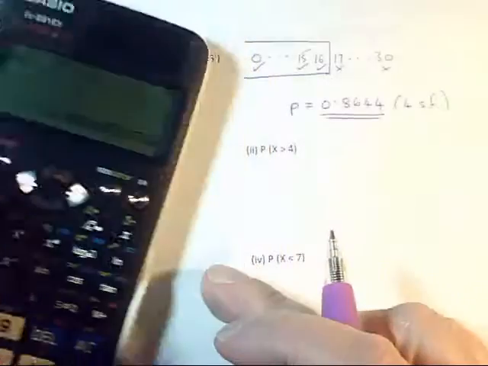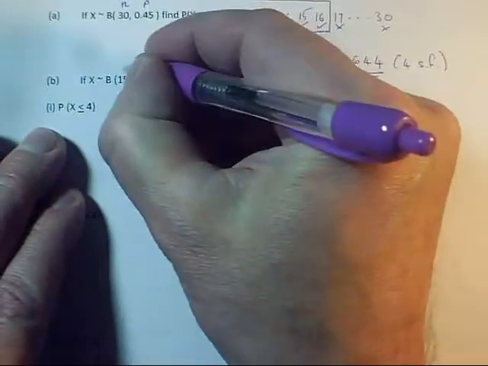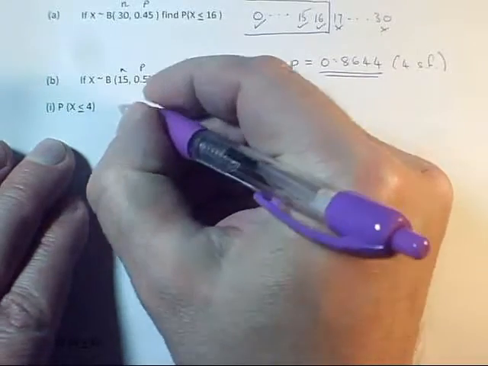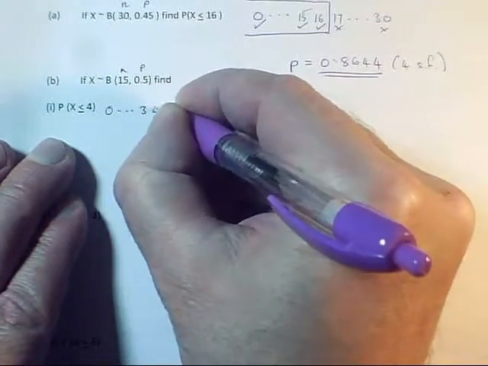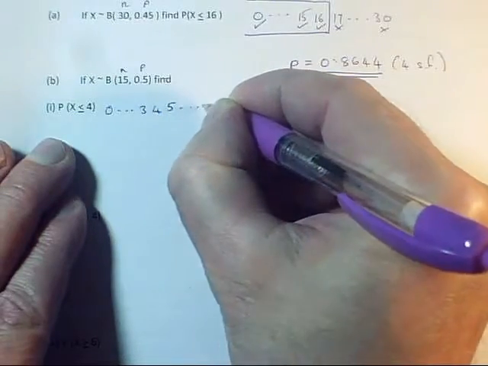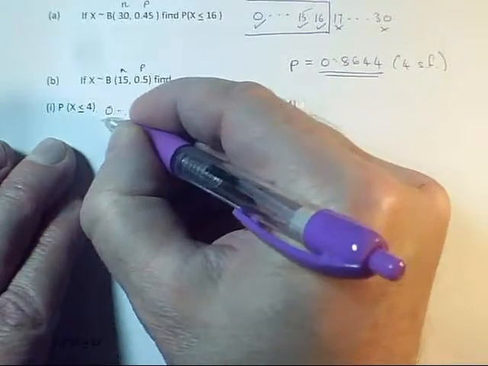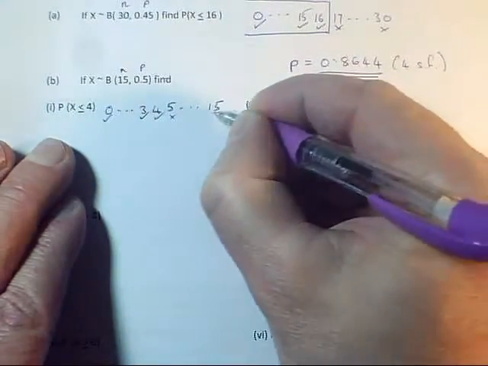Okay, so I've got a block of similar questions here. So the first one, I've got a new value of n, of course, and a new value of p. Now the first one, X being less than or equal to 4, well, I'll keep with the same style. So 3, 4, 5, and the values on either side up to 15. I want to be less than or equal to 4, so I can have 0, I can have 3, I can have 4, but I can't have any of these others.